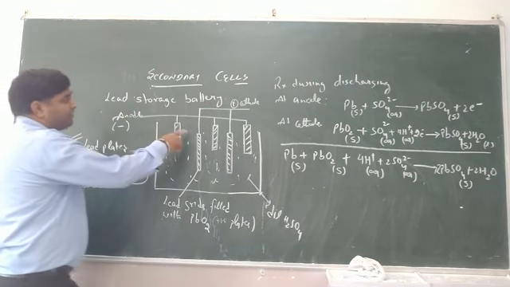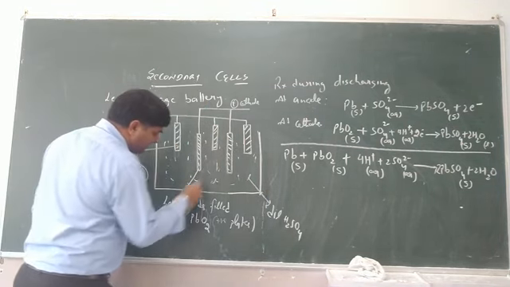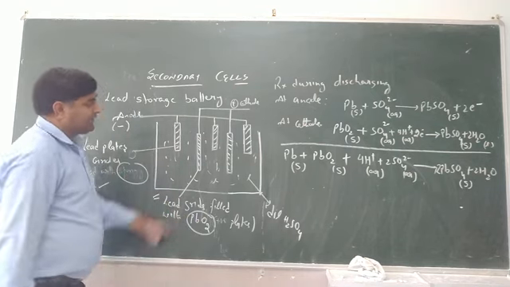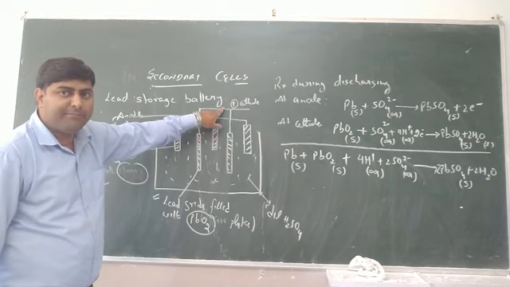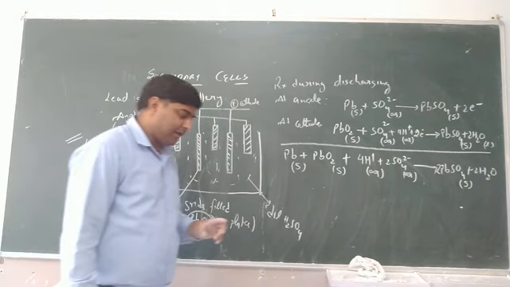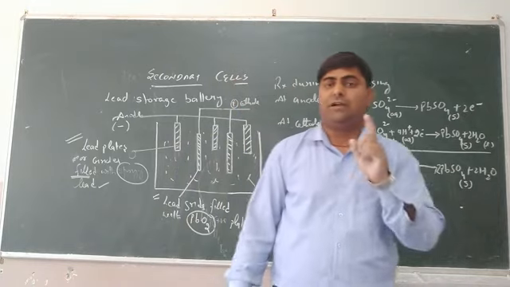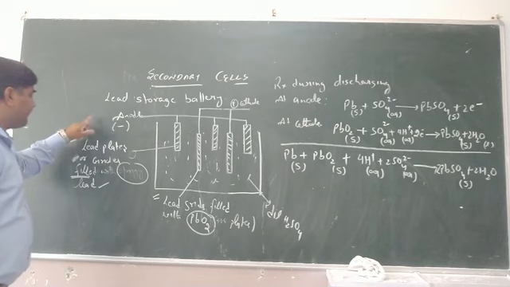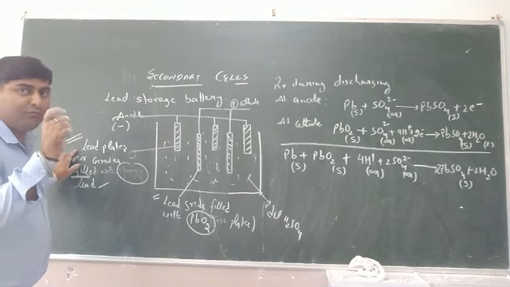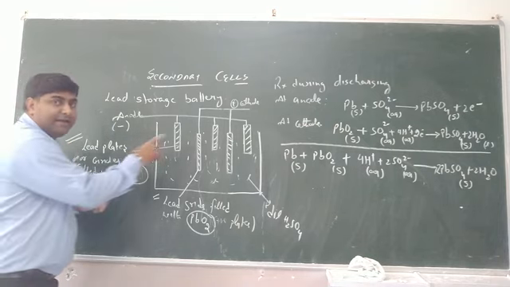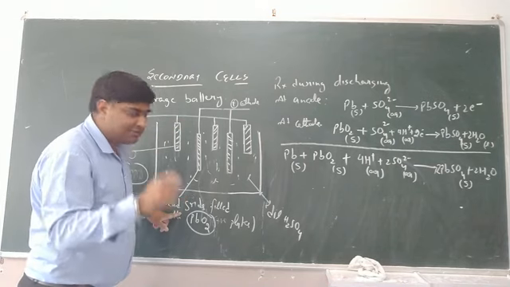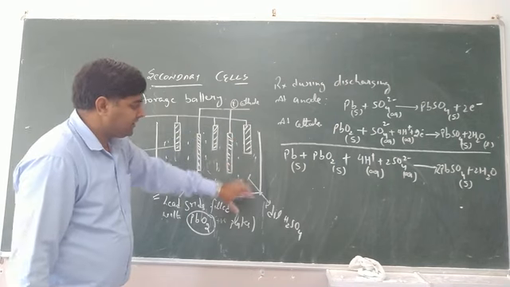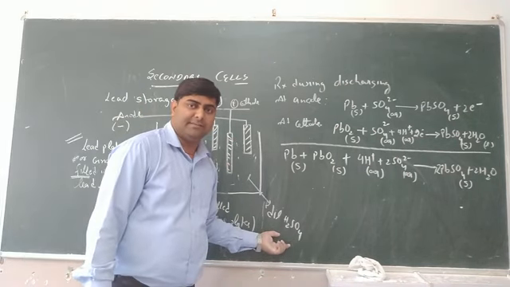Now, the cathode: the lead grids filled with lead dioxide. So in lead storage battery, we have 2 different types of electrodes. Anodes are basically lead plates filled with spongy lead and cathodes are the lead plates filled with lead dioxide. And the electrolyte is dilute sulfuric acid.